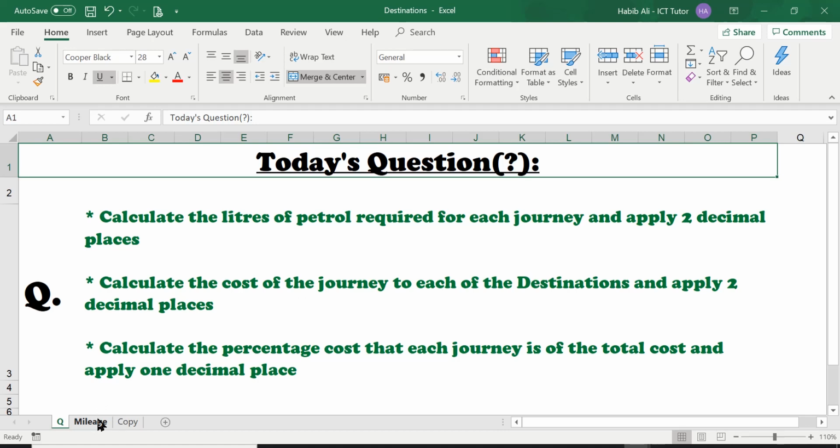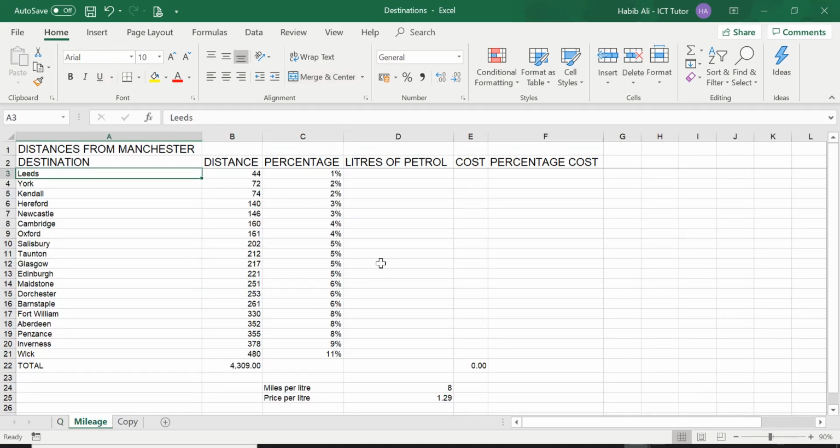It requires a bit of practice. So I thought this lesson will give you ample opportunity to practice absolute cell references and also understand what relative cell references are.